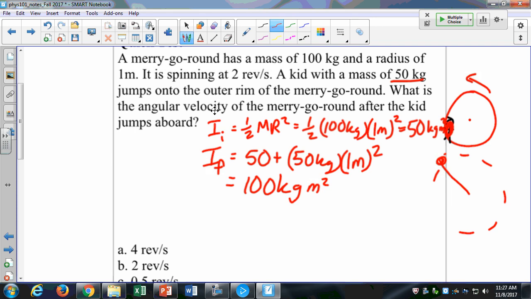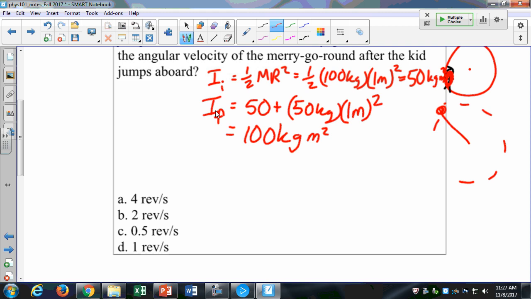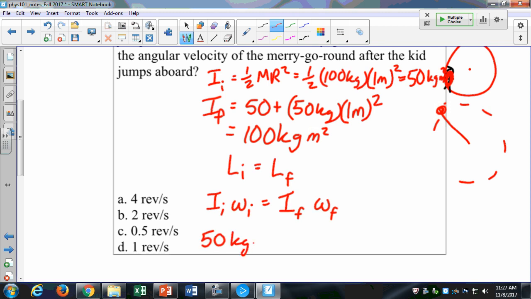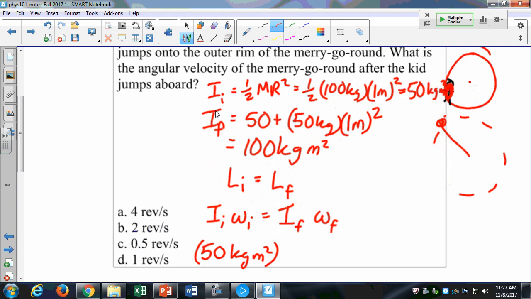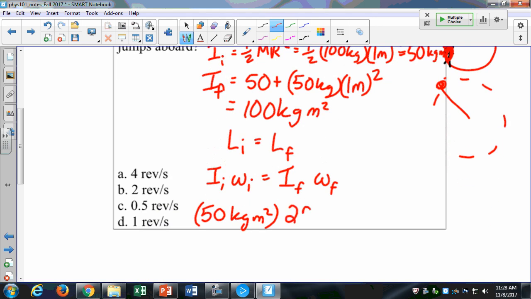And now we look at our momentum. Li is equal to Lf. I initial omega initial is equal to I final omega final. That's going to be 50 kilogram meter squared times 2 revolutions per second.